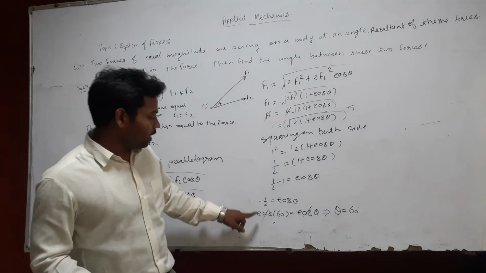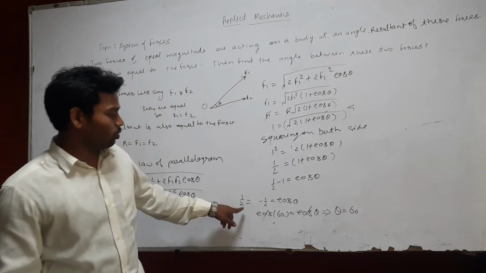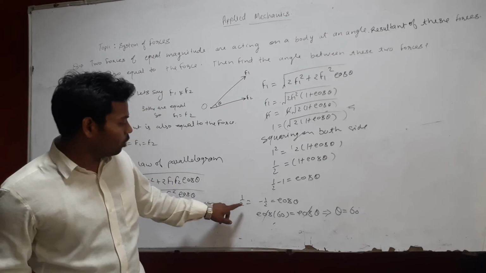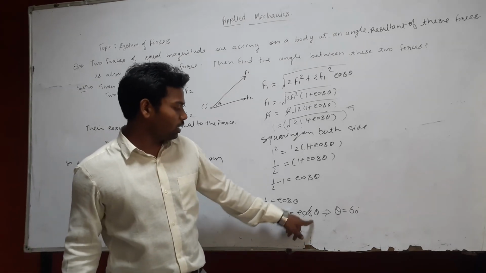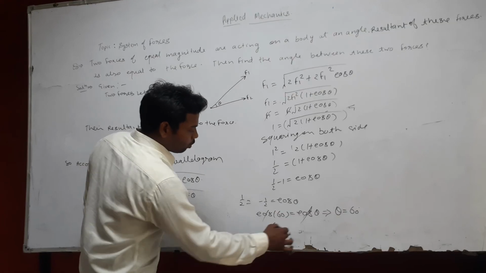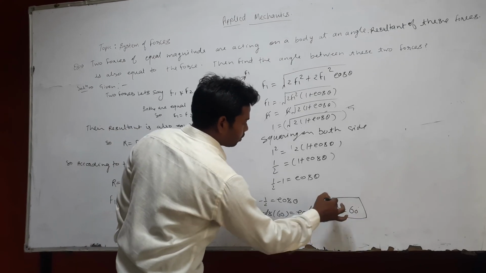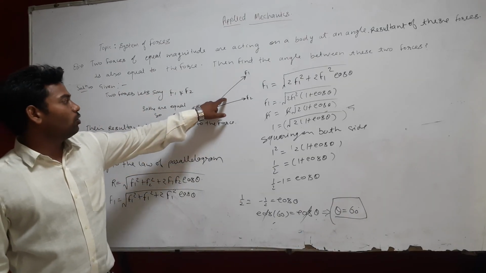So we can write it as 1 by 2 also. Cos 60 gives the value 1 by 2, so cos 60 equals cos theta. Cos cancels out, so theta becomes 60. So these two forces make an angle of 60 degrees.